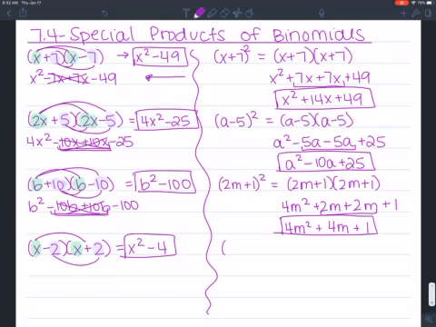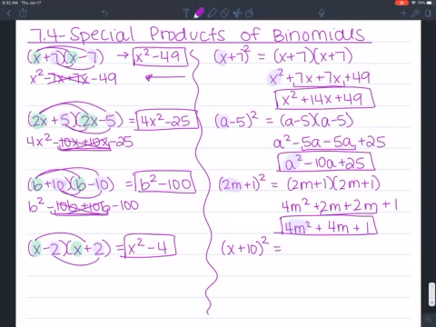And can you go from x plus 10 quantity squared to the answer without each of these middle steps? So it looks like this very first term, if I square it, then I get that. So a squared is a squared. 2m squared is 4m squared.